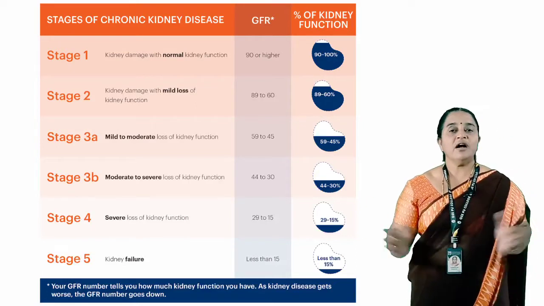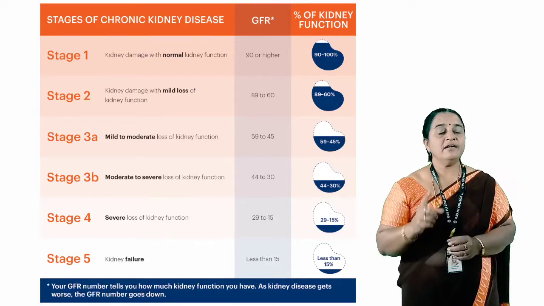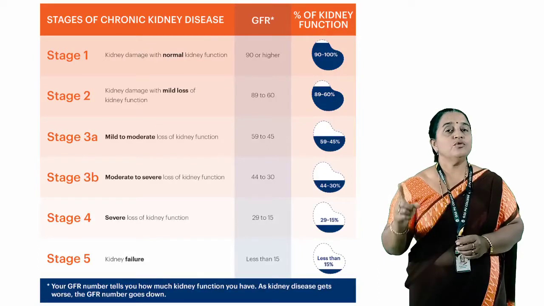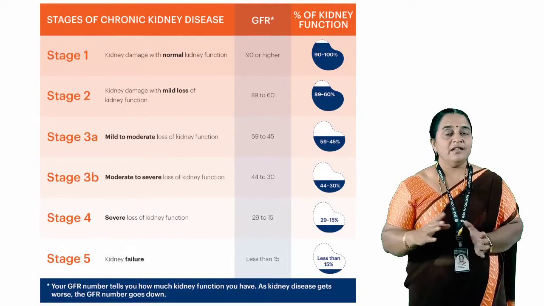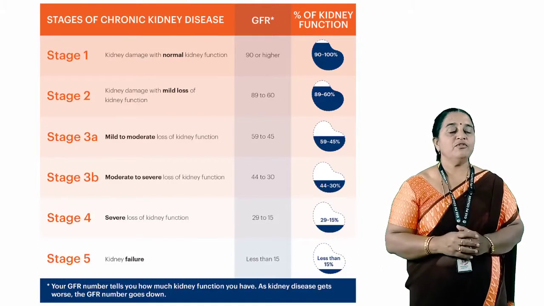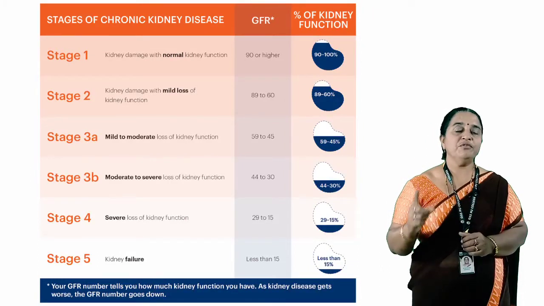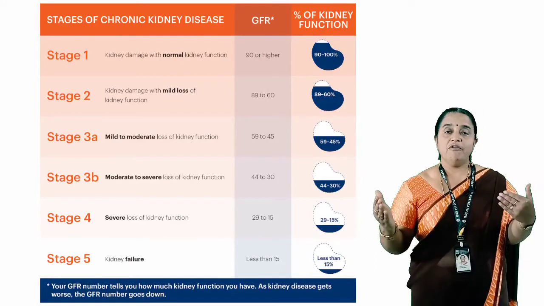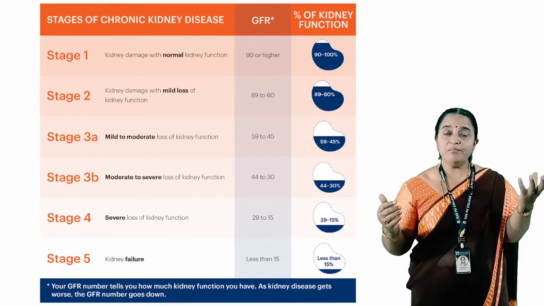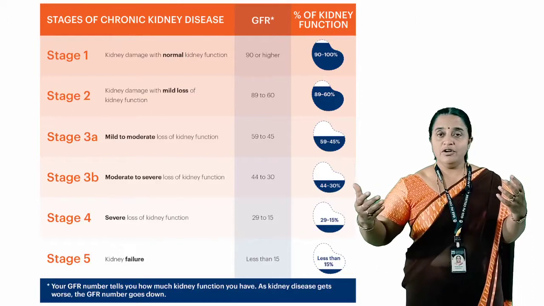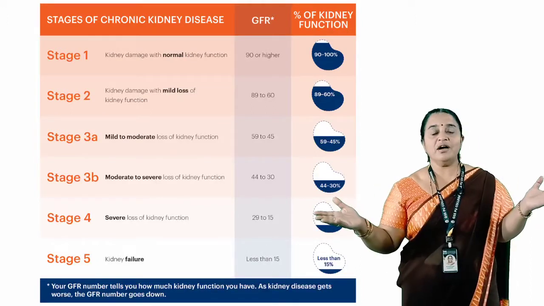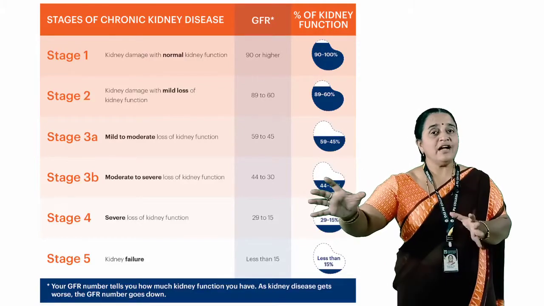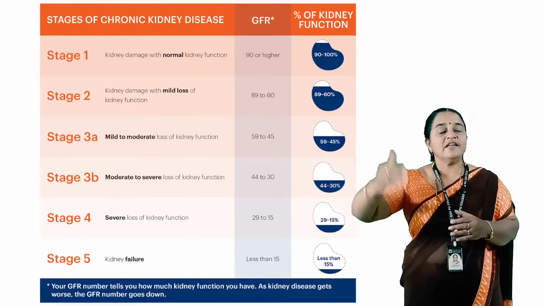So in 24 hours, approximately 180 liters of blood is filtered through all the nephrons, and the result is that in 24 hours 1.5 liters of urine is produced. See the values. 180 liters of blood is filtered, not at a time, but in a 24 hours time span, and 1.5 liters of urine is also produced in 24 hours simultaneously.